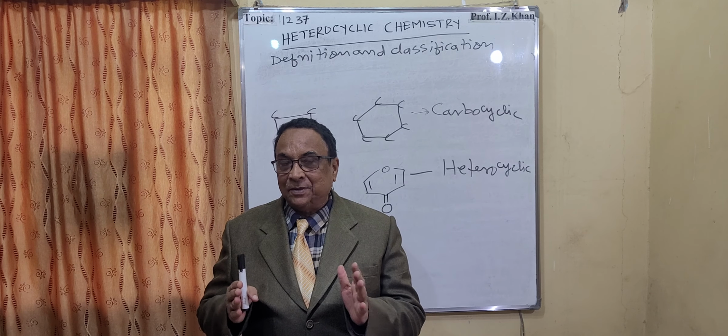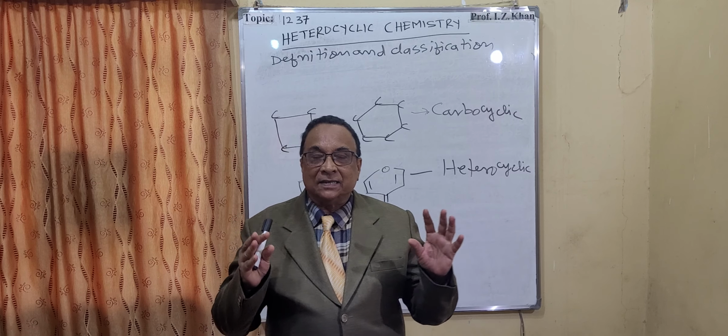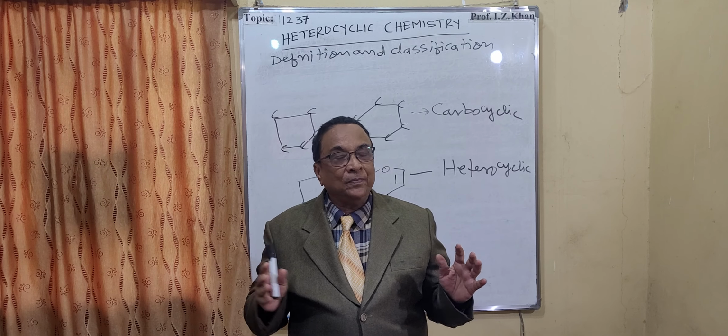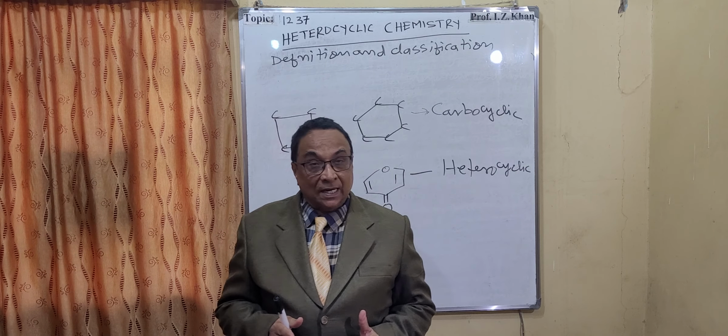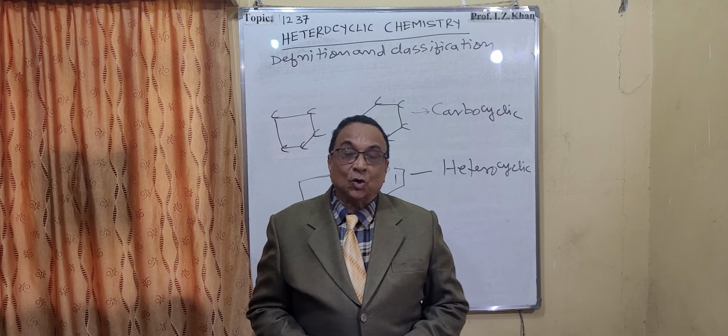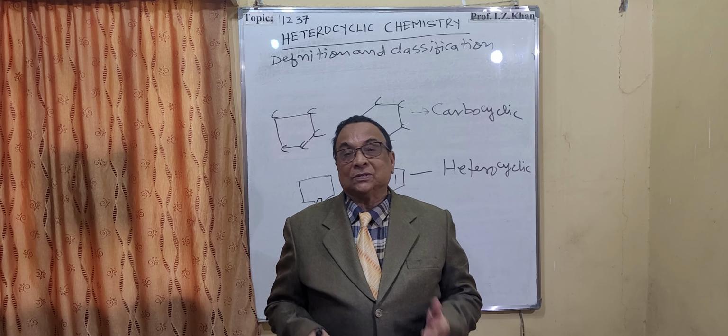First, let me make it very clear that it is divided into two groups. The first group is called 5-membered heterocyclic compounds, like pyrrole and thiophene. The second group of heterocyclic compounds are 6-membered, which may be pyridine, then piperidine, and so many alkaloidal compounds.